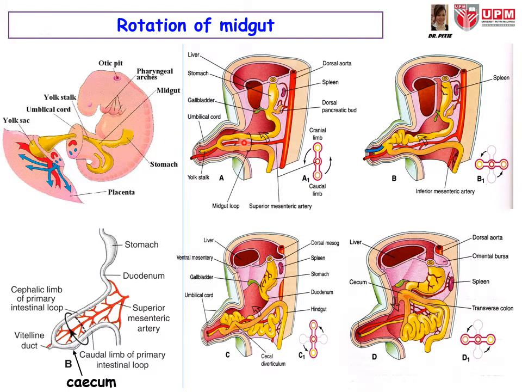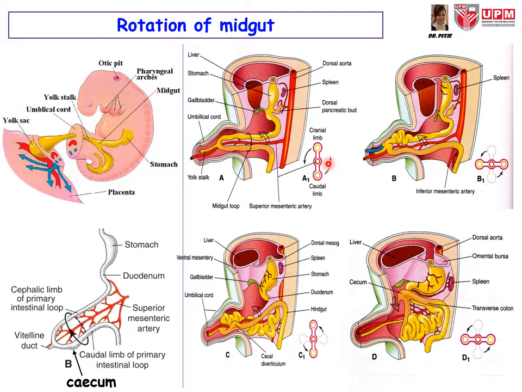Please remember that this herniation is physiological, which means it occurs normally. During this herniation, the midgut will undergo the first stage of rotation, rotating counterclockwise 90 degrees, making the cranial limb become the right limb and the caudal limb become the left limb.